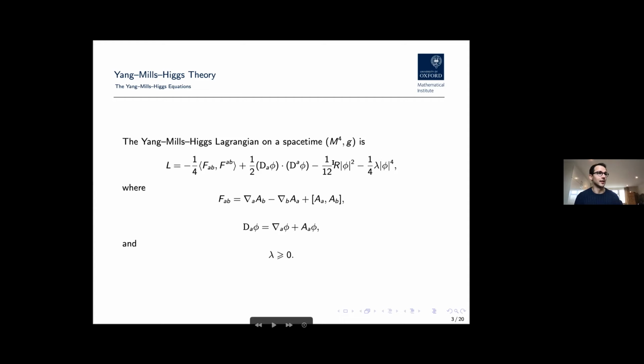R here is the scalar curvature of g, and I'm using the convention that my spacetime signature is mostly minus. I'm also using the Penrose conventions for the curvature tensor, so there's an extra minus sign there. If you believe me, I think all the minus signs work out correctly.